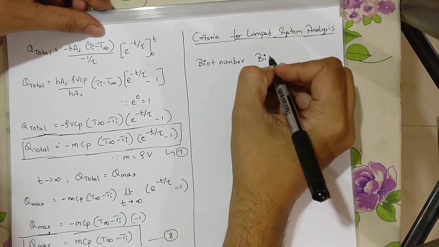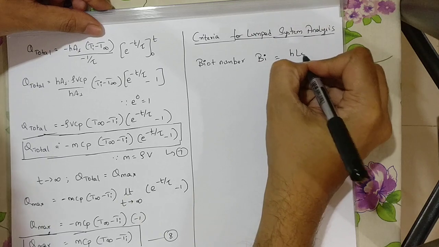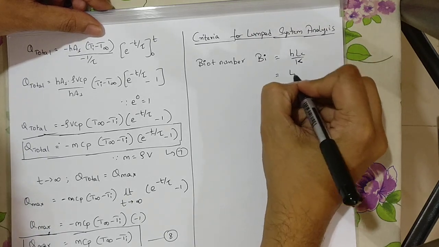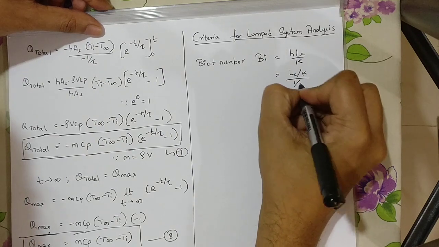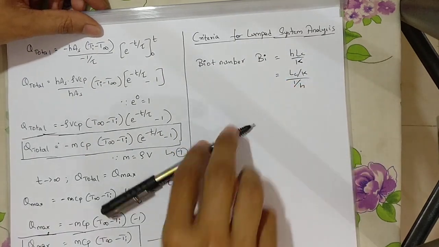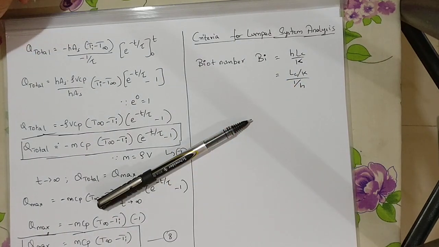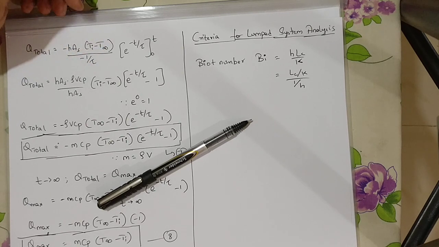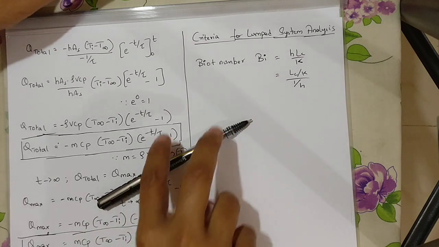We denote this as Bi, and it is defined as hLc by k, which can also be written as (Lc by k) divided by (1 by h). This k is the thermal conductivity of the solid, and h is the heat transfer coefficient between the body and the environment, and Lc is the characteristic length, which is equal to volume by surface area.